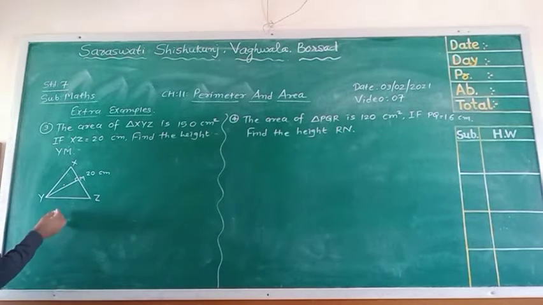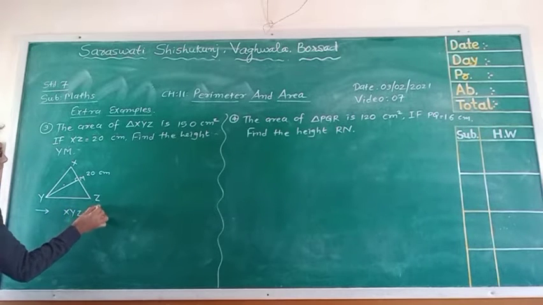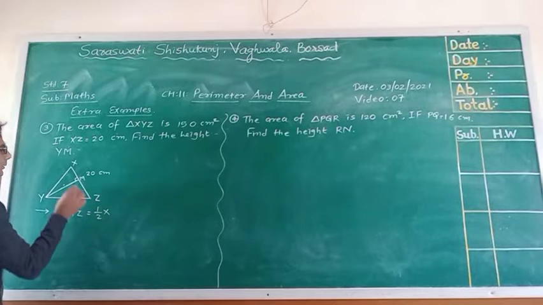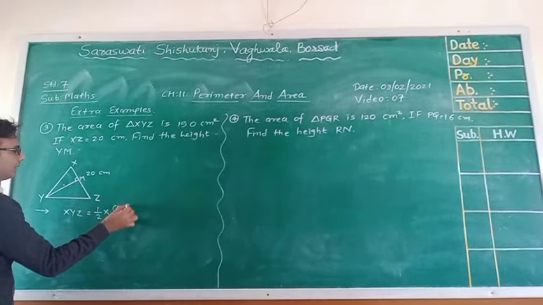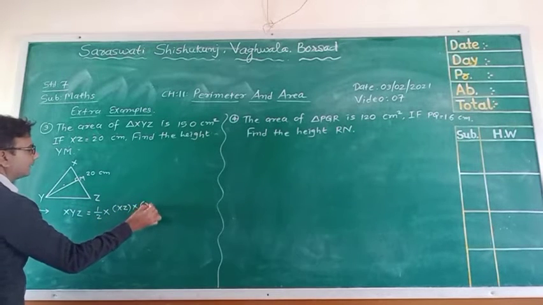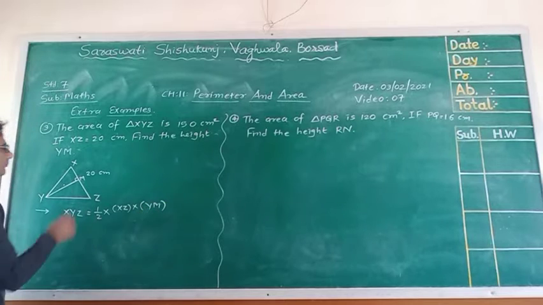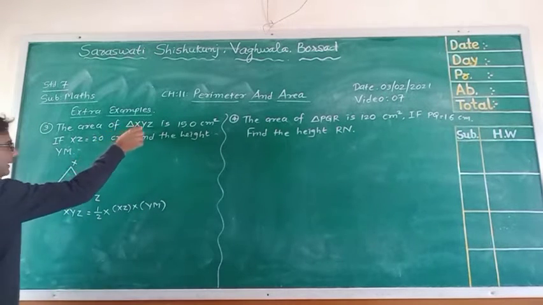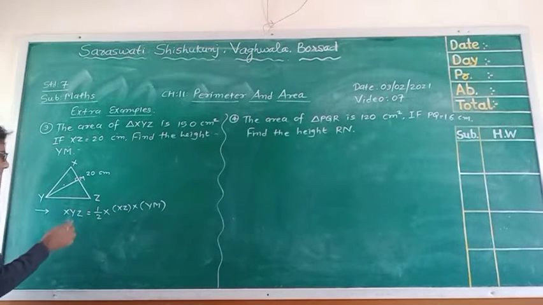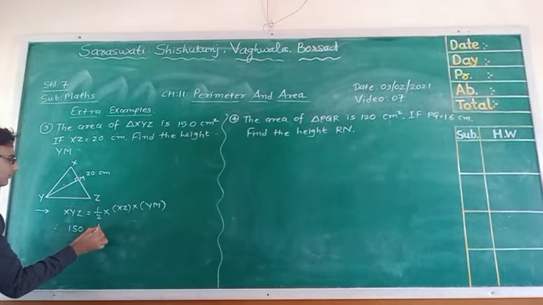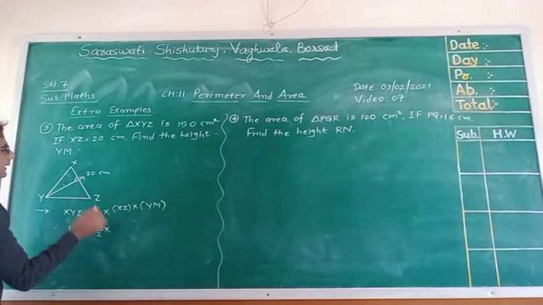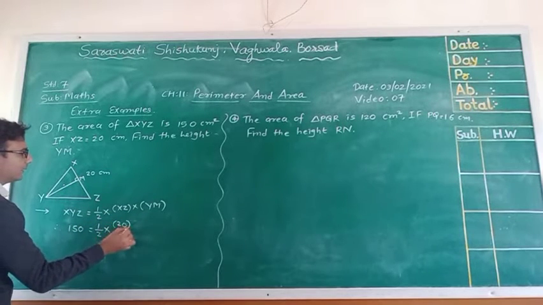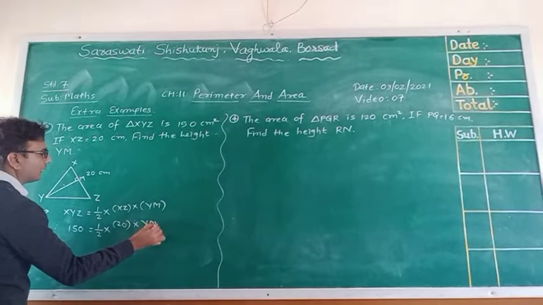Simple, first we will write area of XYZ equals 1/2 base into height. The base is XZ and the height is YM. The area of triangle XYZ is already given, it is 150. So in place of the area we will write 150, equals 1 by 2, XZ is 20 and YM we have to find.